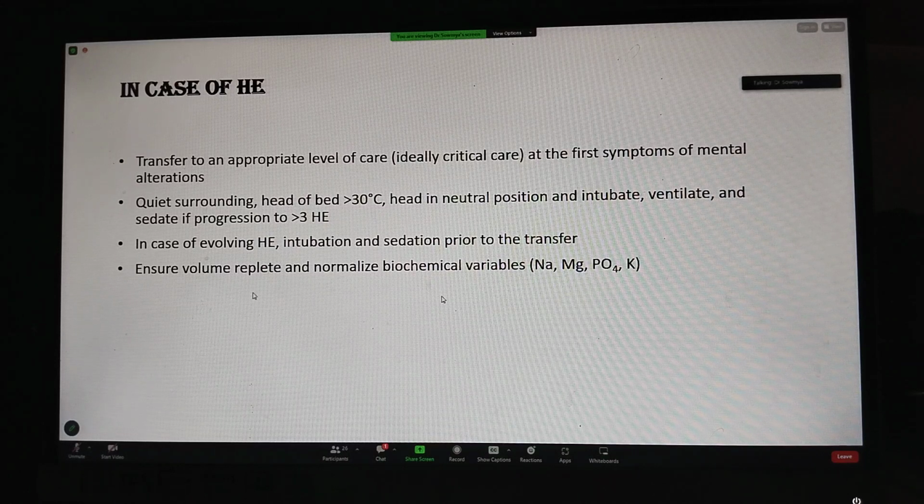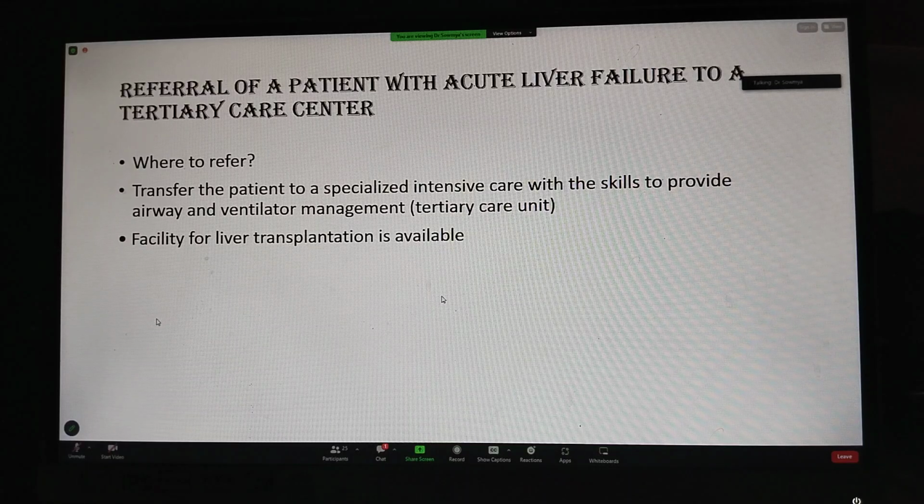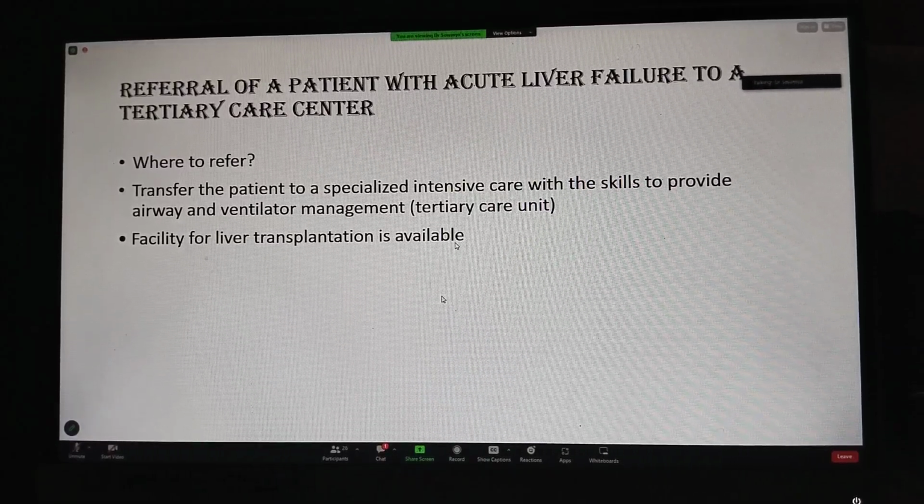Before transfer, ensure adequate volume replenishment and normalization of biochemical variables as much as possible. The referral should be to a tertiary care unit, preferably where a transplantation facility is available.